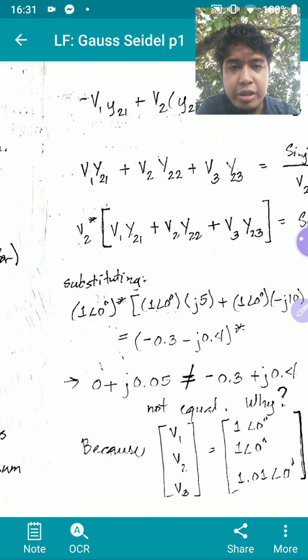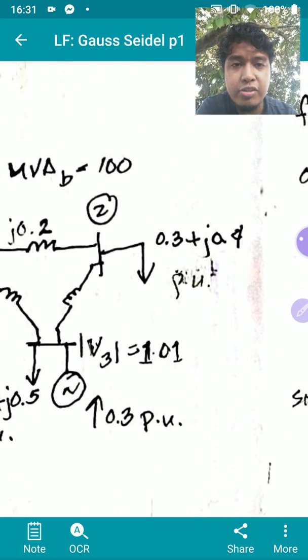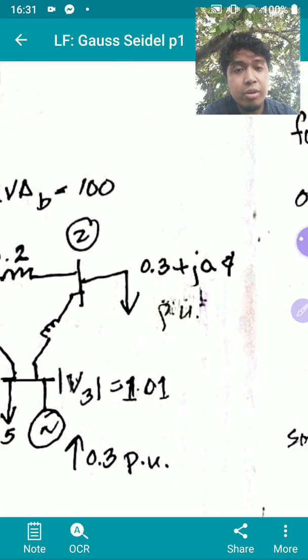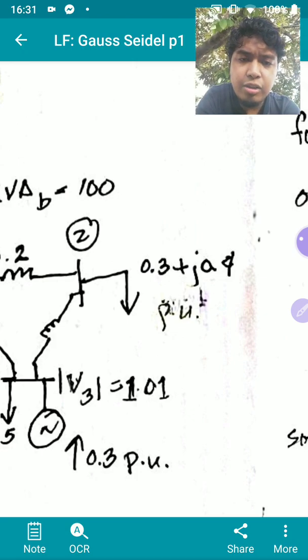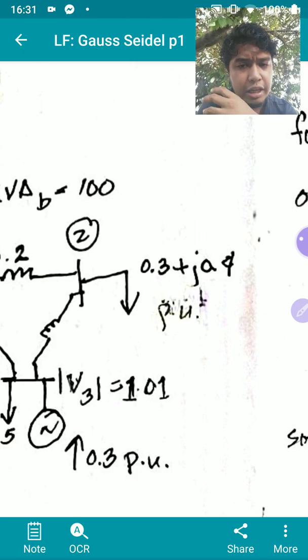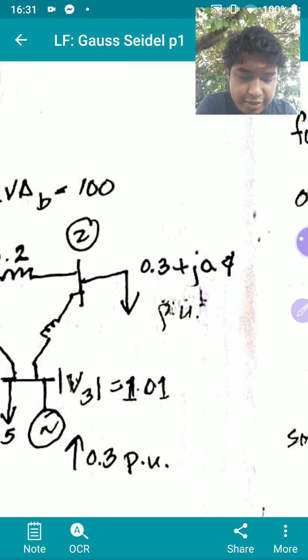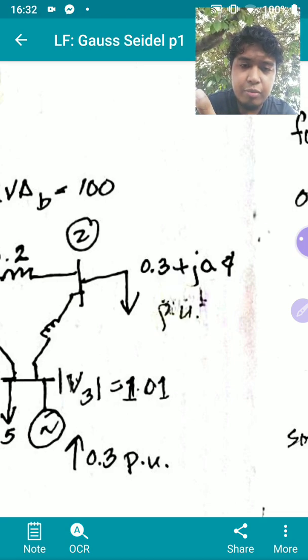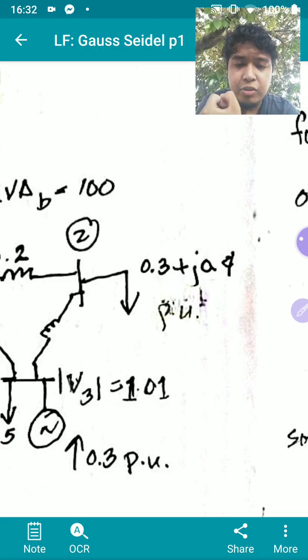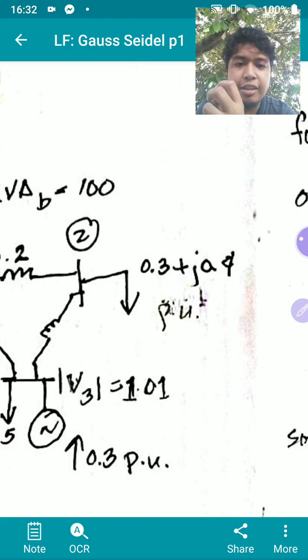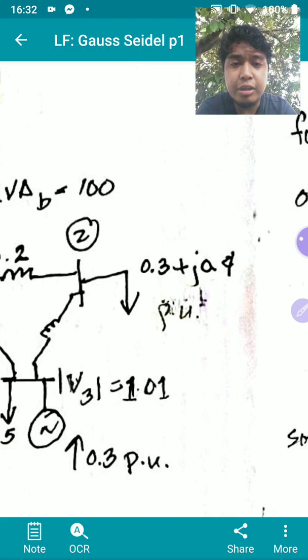As you can see, the power injection on bus 2 is from a load, not a generator. So instead of an injection, it's power drawn from the bus. So instead of writing it as 0.3 and 0.4, we write it as a negative injection, or power drawn.